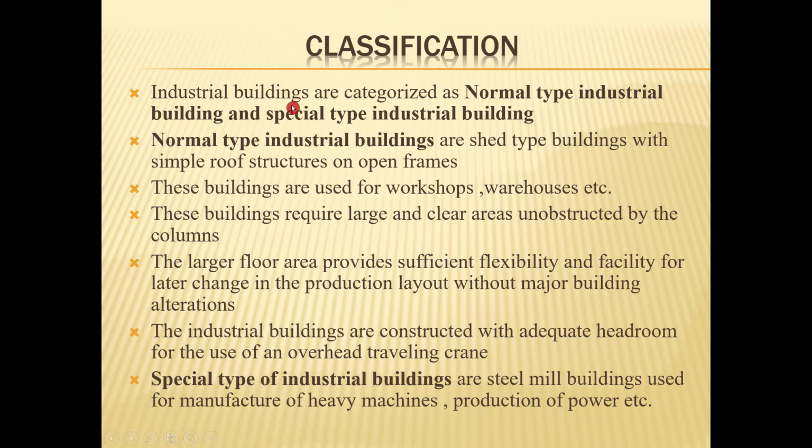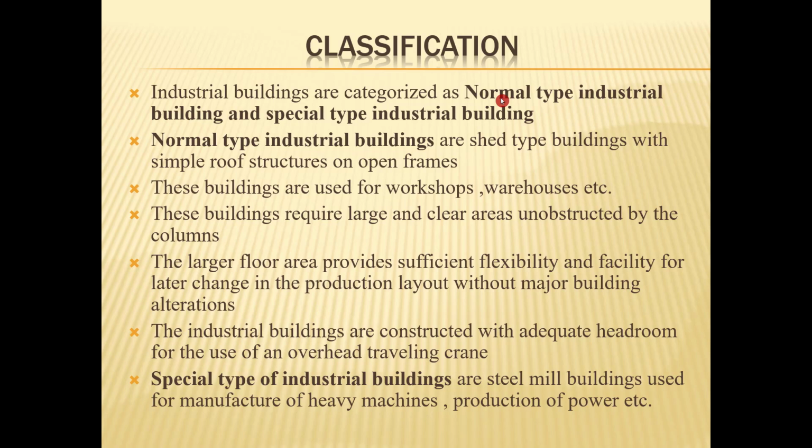To classify the industrial buildings, we have normal type industrial buildings and special type industrial buildings. When you hear this name, the normal type industrial buildings are the regular buildings which are fabricated through the usual procedure. So those structures are well fit for different functions or purposes.